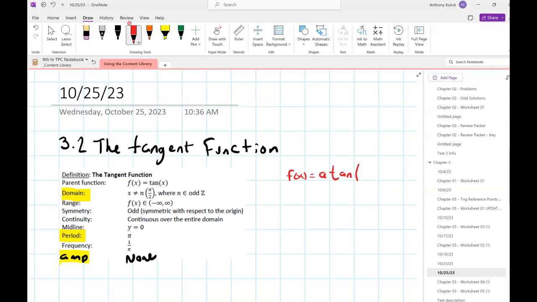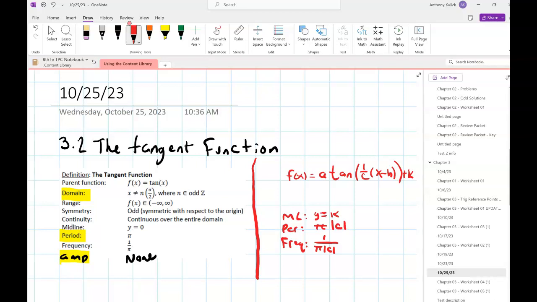So if I take any tangent function, the period would become pi over the absolute value of c. Again, notice that's different than sine and cosine where it's 2 pi. That might be a good thing for your note card. The frequency is 1 over the period, just like sine and cosine, but since the period is different, the frequency is different. The midline is still y equals k.